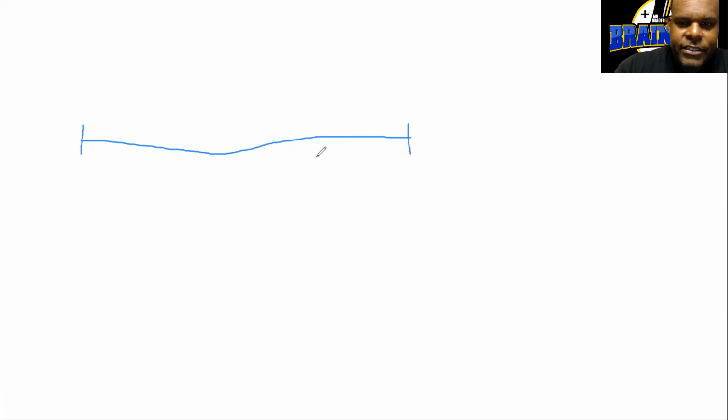Let me erase. So a horizontal number line would go from left to right.